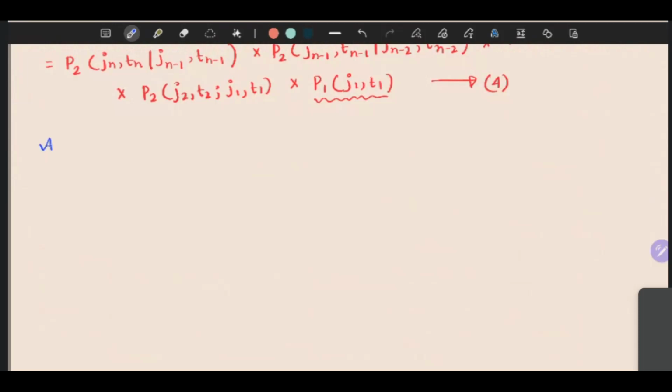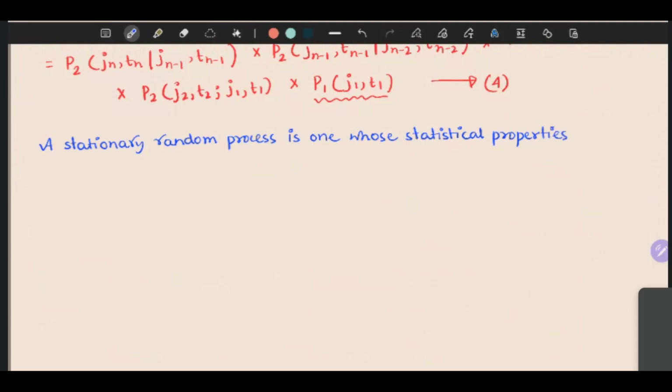A stationary random process is one whose statistical properties do not depend on the choice of the origin of time.